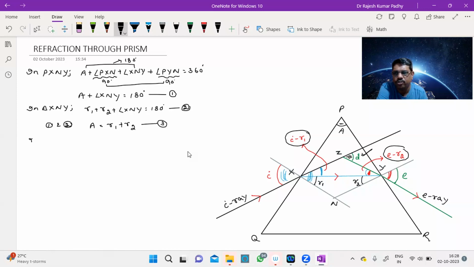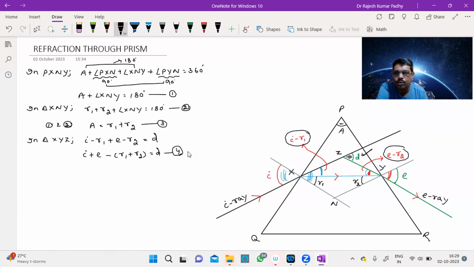That means in triangle XYZ, I can write I minus R1 plus E minus R2 is equal to D. Or I can write I plus E minus (R1 plus R2) is equal to D. This is equation number 4.